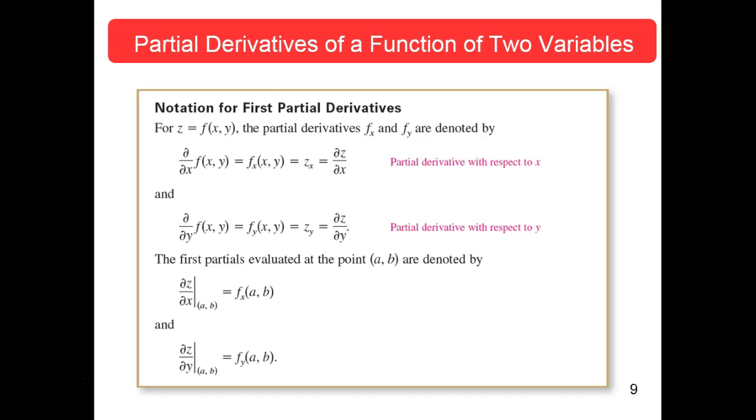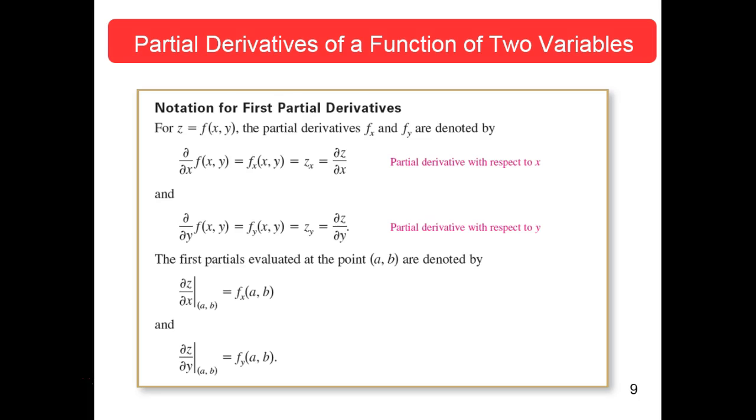Okay, but anyway, these are your partial derivatives and how you do them. Just like derivatives, there are lots of different ways to denote them. If you're evaluating at a point, put the vertical line at (a, b) here, and denote that as z sub x at (a, b), the partial of z with respect to x.